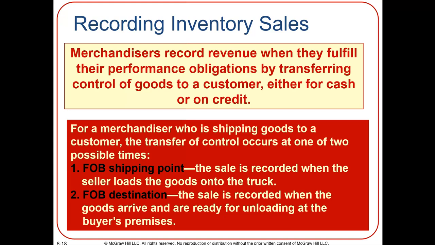So the big thing to understand here is this. These two different kinds of transportation, when we're selling, have a big influence on when we get to record the revenues being earned. If we're talking about FOB destination, you don't get to record the revenues being earned until it hits my front doorstep.